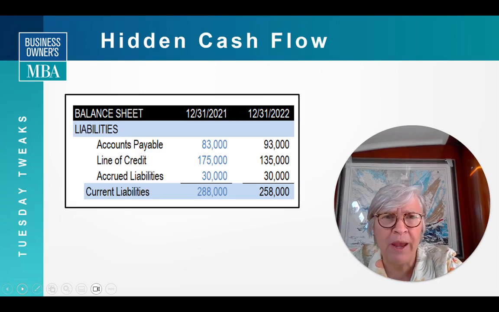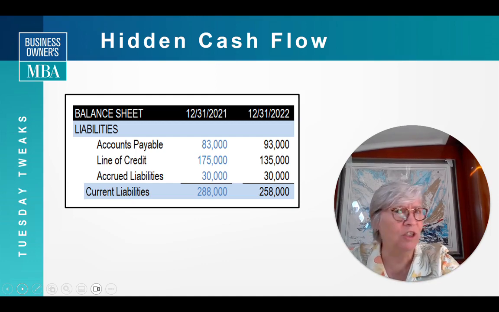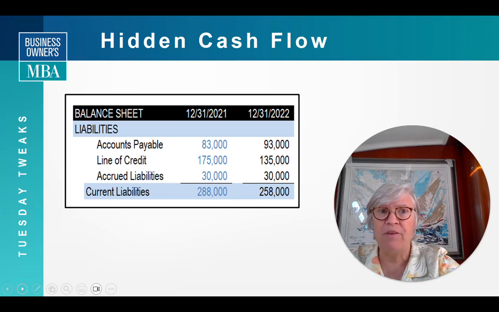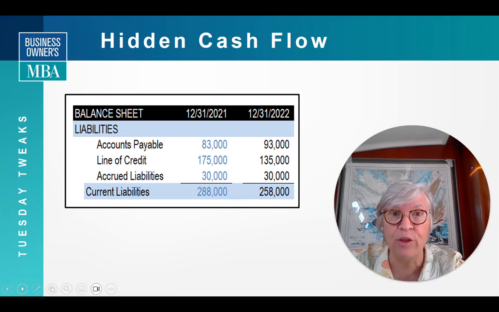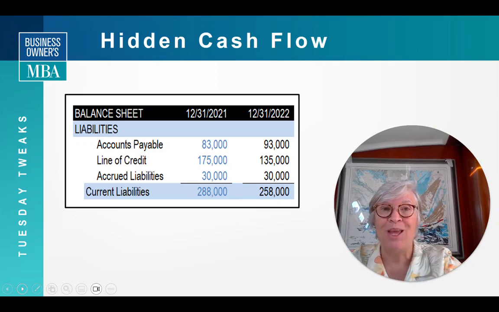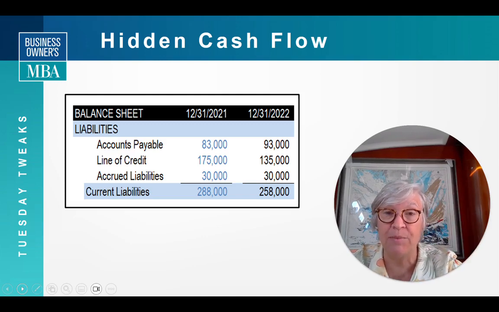Now, if she was paying her vendors every 10 days or when she got the bill, then that's fine. Just pay in terms. The vendors give you 30 days, take all 30 days, not a problem. If you've been paying in 30 days and you go to 45 or 60, they're going to notice. That's a big red flag. Hey, things are slowing down, something's wrong with this client. So changes in behavior will flag you.